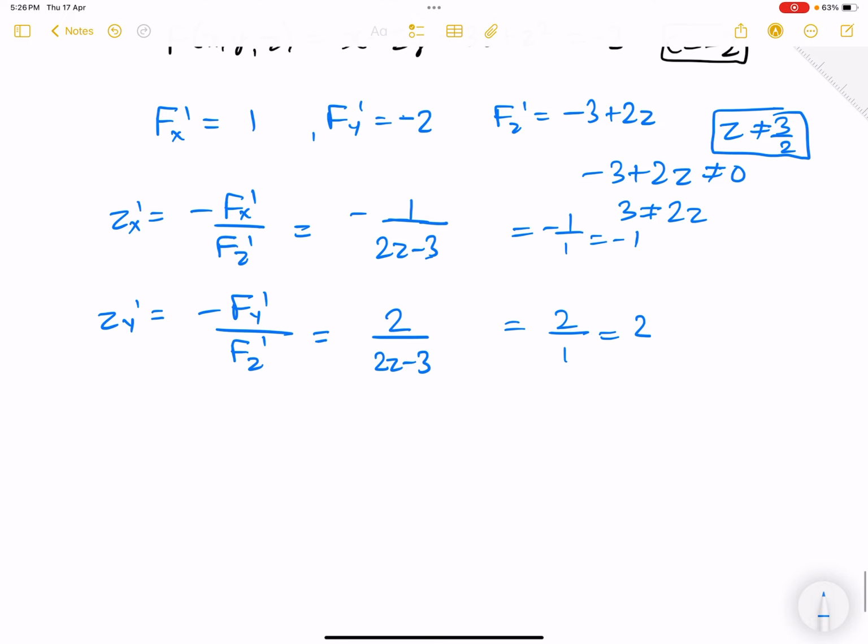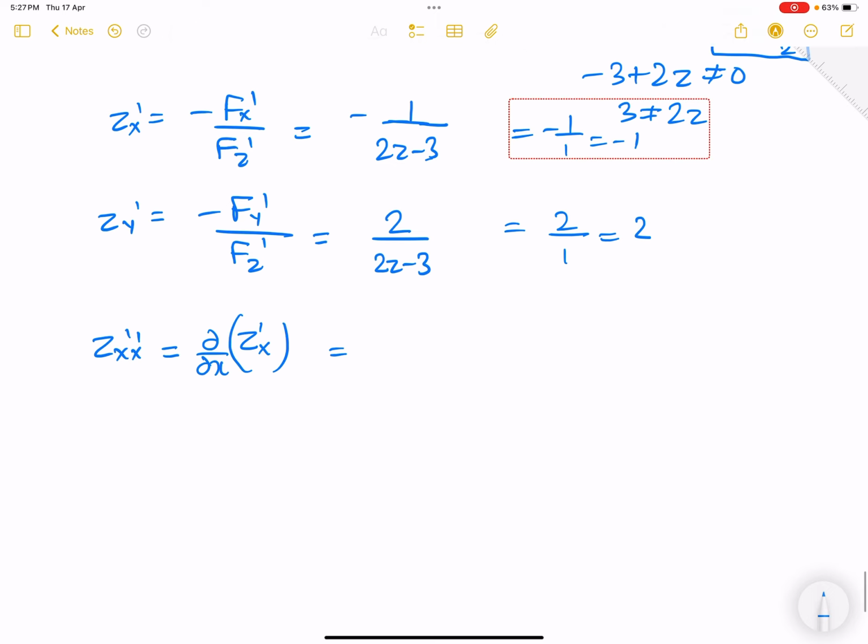Okay, now z double dash x. तो अब क्या करना है, हमें z x को differentiate करना है with respect to x. तो this is nothing but del by del x into z dash x, which was minus 1 by 2z minus 3.